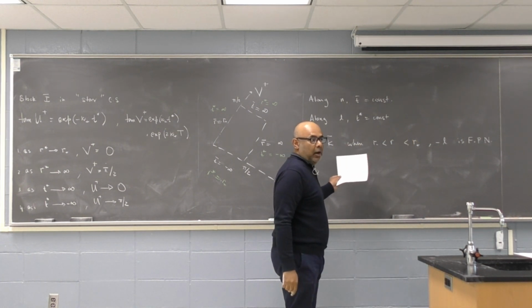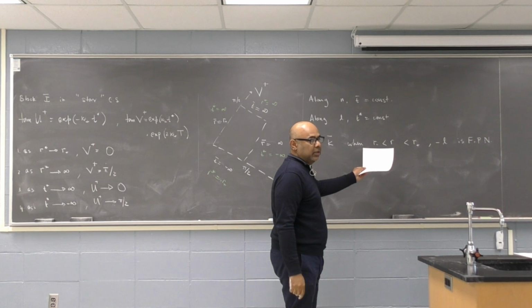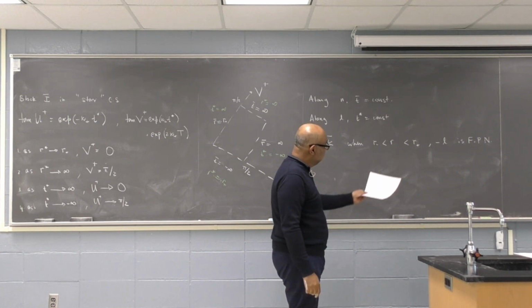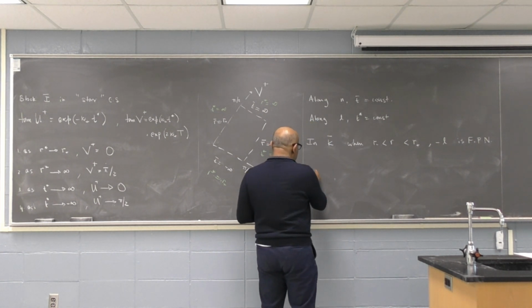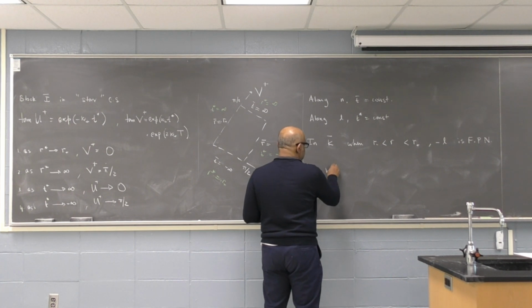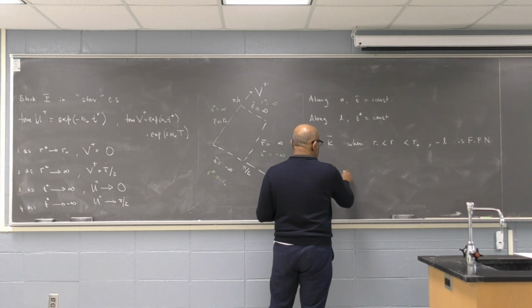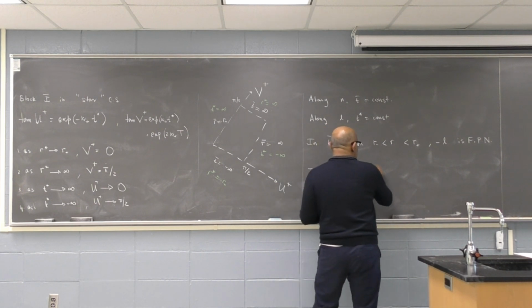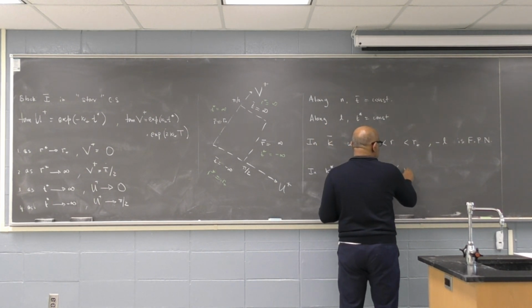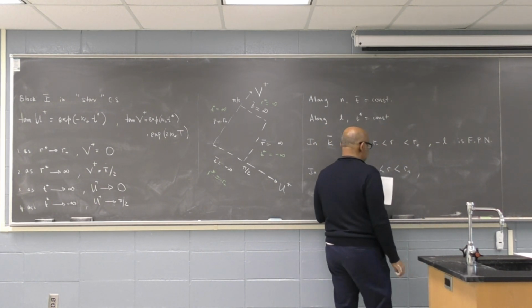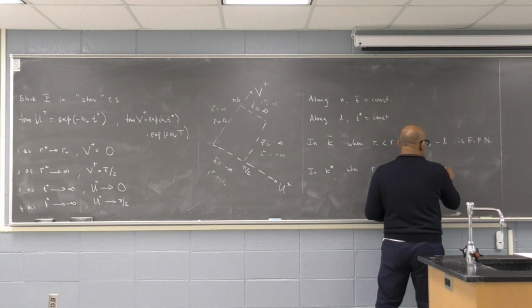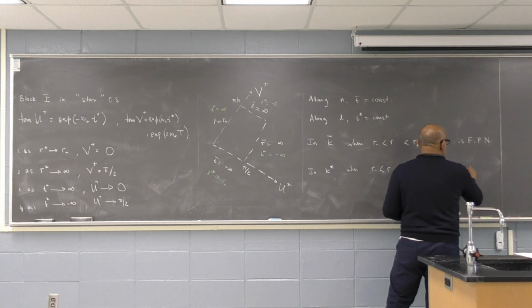Otherwise, outward geodesics would be future pointing, and you cannot have that in a black hole system. So it's minus L. Similarly, in the star coordinate system, when r minus, r plus, minus N is future pointing null.